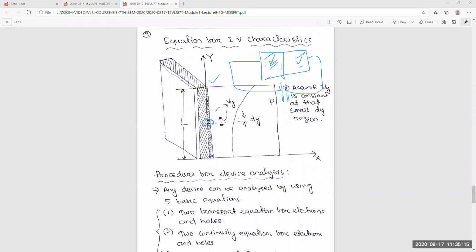So that's why there is no diffusion, only drift, because there is some voltage and due to this electric field the electrons are flowing. So we will use only the drift equation. Clear or not? Why use electron transport only and the drift equation? Yes, sir. Because there is no hole, only electrons, we will consider only electrons. There is no diffusion, only due to the electric field or voltage electrons are flowing. That's why we use drift.